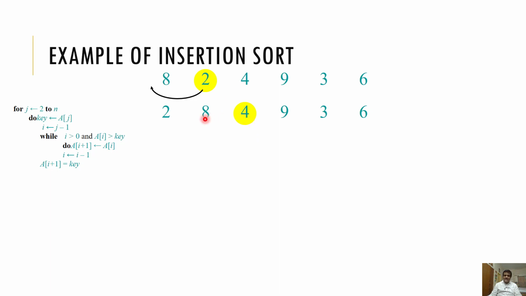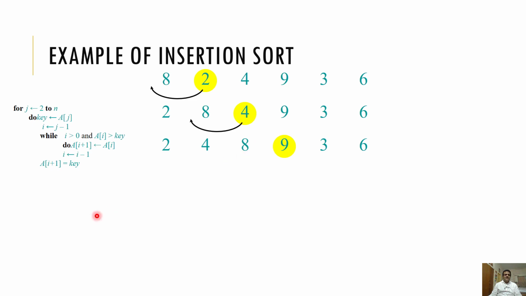Now this is less than, so 8 will come here, and 4 is supposed to go there. Now i decreases by 1, i is 1. Now we compare this key value 4 with AI, which is 2, we are happy, so we store it over here. We come out of this while loop, and i is 1 now, so i plus 1 is 2, so we store this key into A2, and this 8 is shifted in here.